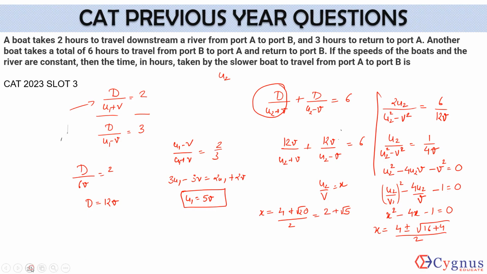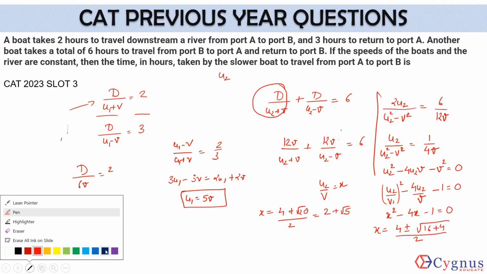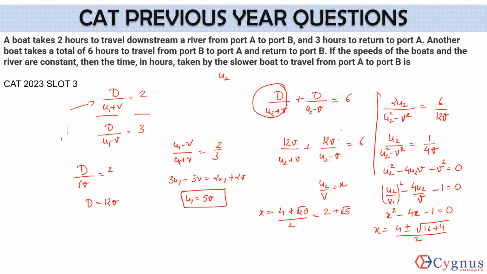Now let's see what we need to calculate here. We need to find the time taken by the slower boat to travel from port A to port B. That means you need to find D by U2 plus V. What is D here? We know that D was equal to 12V. So this is 12V divided by U2 plus V. U2 by V was equal to X, which is 2 plus root 5.